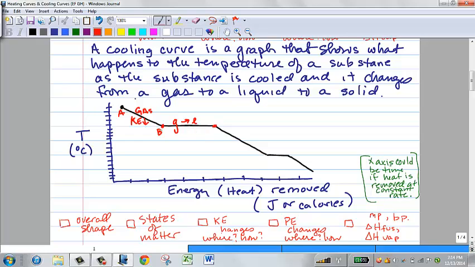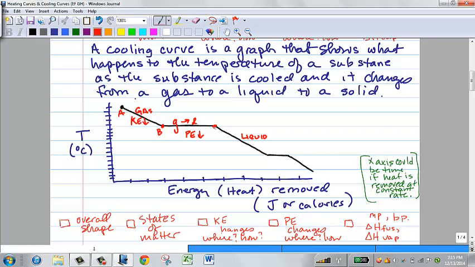While the gas is changing to liquid, bonds are forming, and the molecule is losing the ability to translate. That's a type of motion. So it's losing some freedom of motion. So potential energy will be dropping.